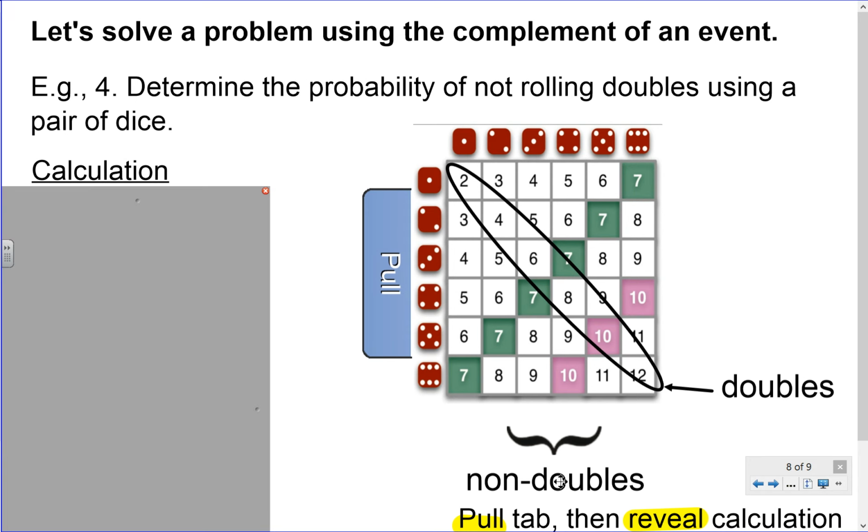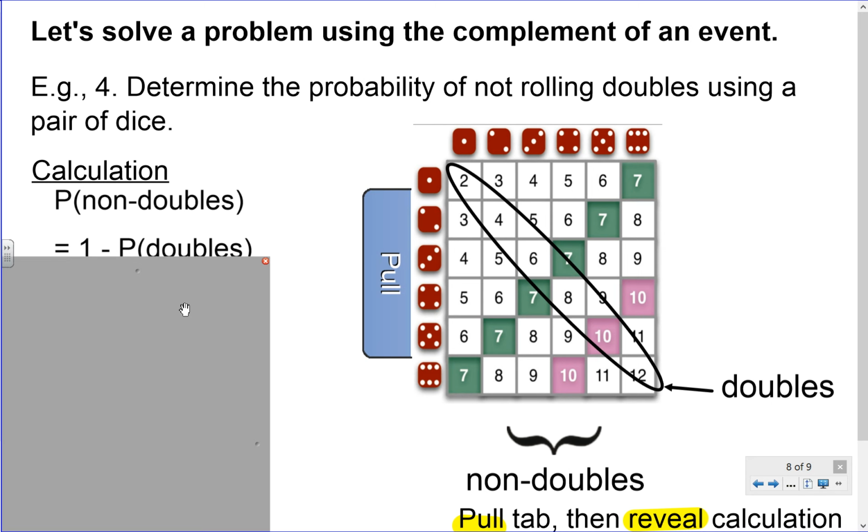So instead of trying to figure that out directly, the probability of non-doubles would be the same as taking the probability of getting doubles, which is only 6 of them, and subtracting that from 100%, or 1 whole.